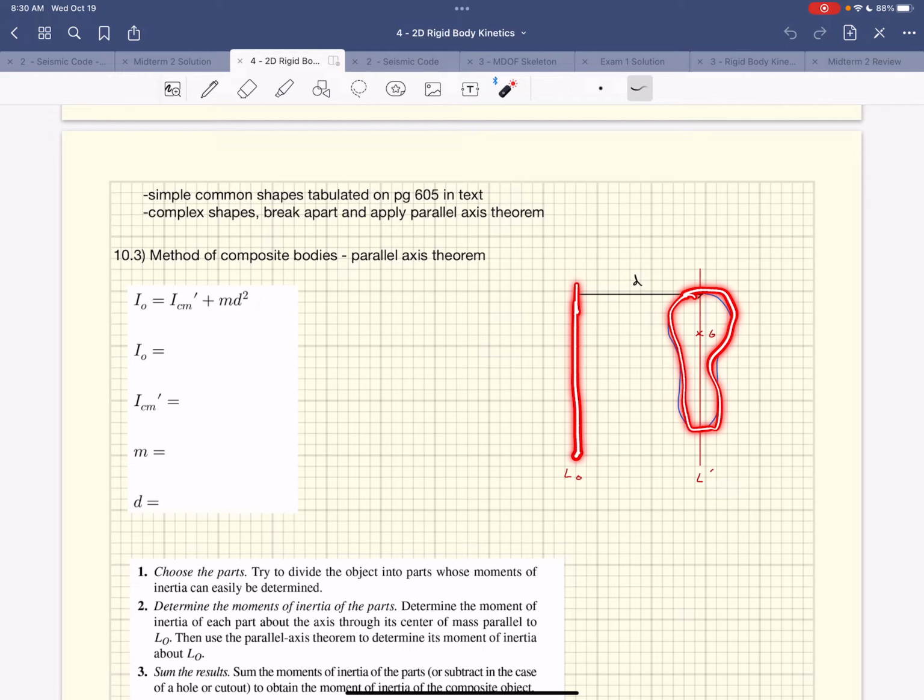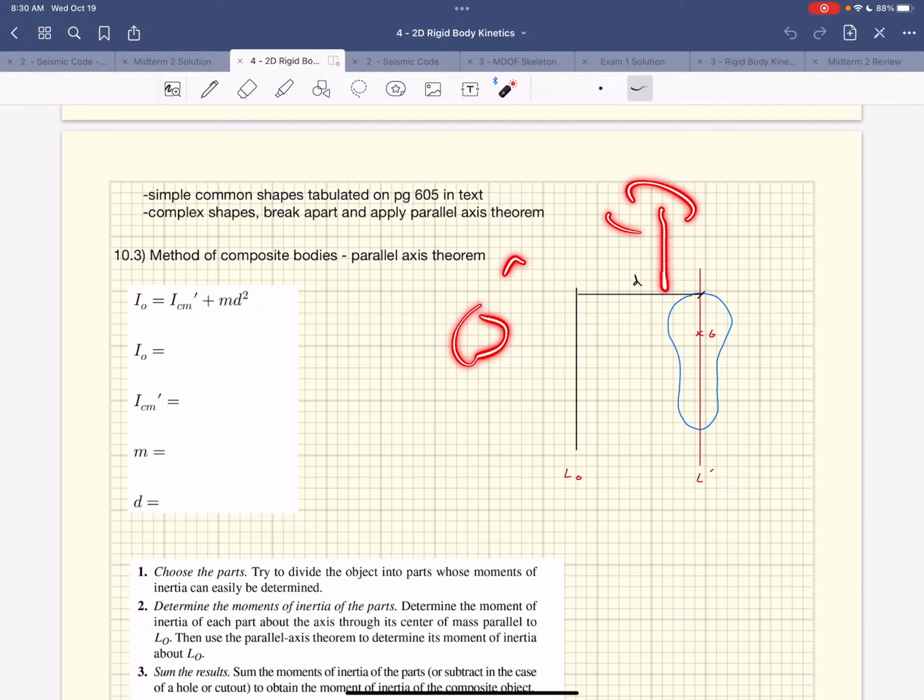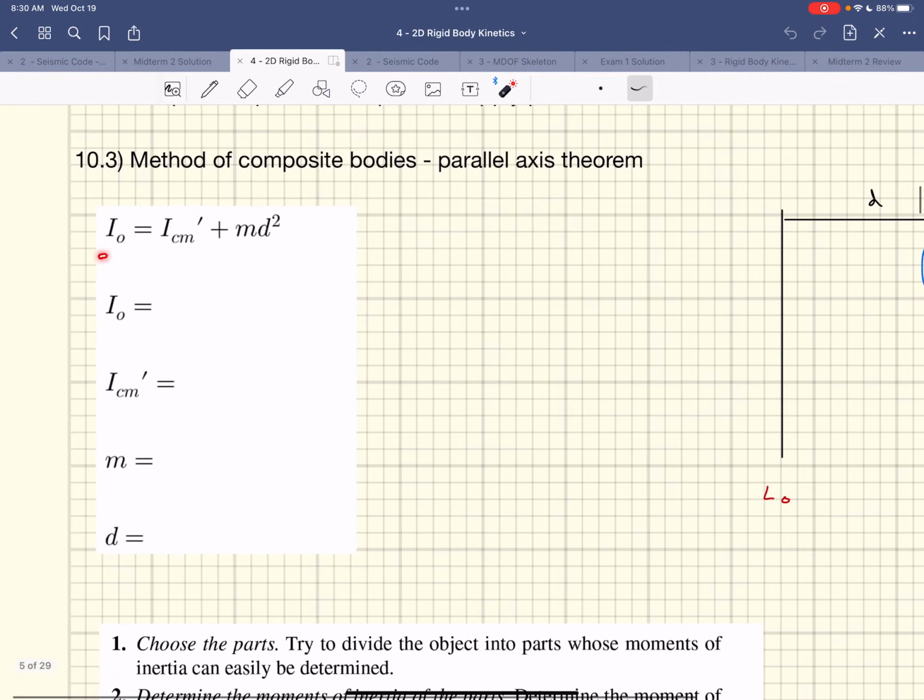That's what you end up doing: you have a bunch of blobs all over the place, you use the parallel axis theorem to get them all about the same axis, and then you add them together. To do that, you use this equation right here. It's very similar to the equation you use for mass moments of inertia, whereas for area moments of inertia, I think that's just an A, instead of the mass times the d squared.